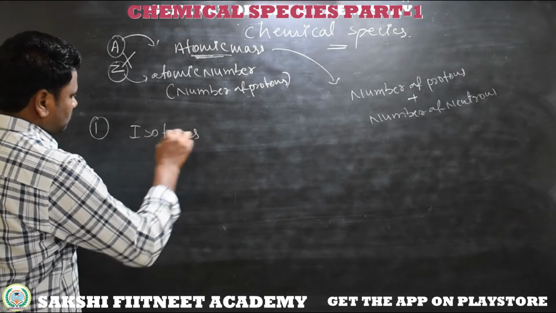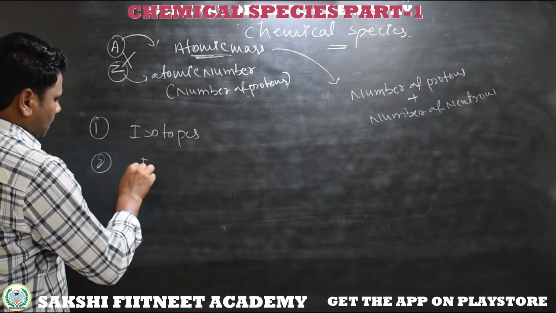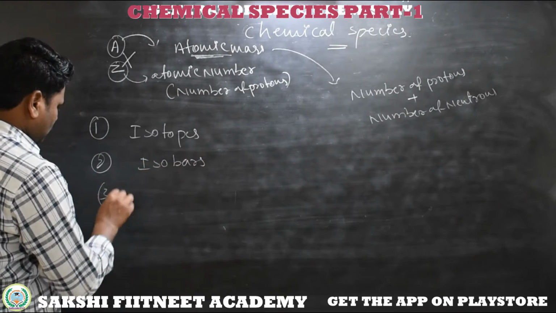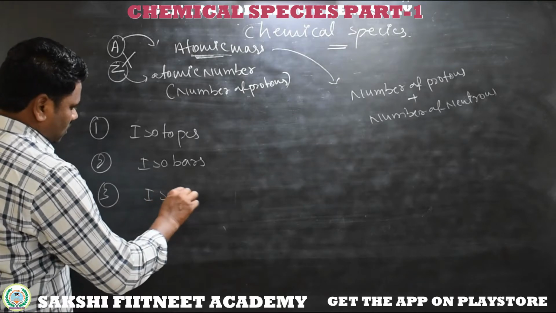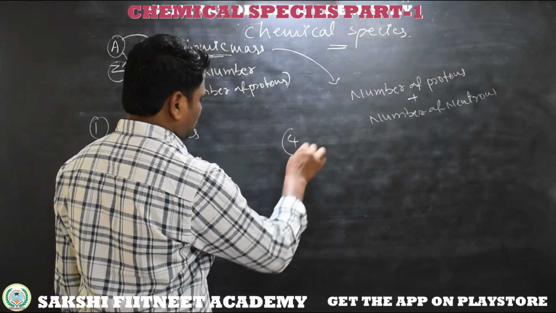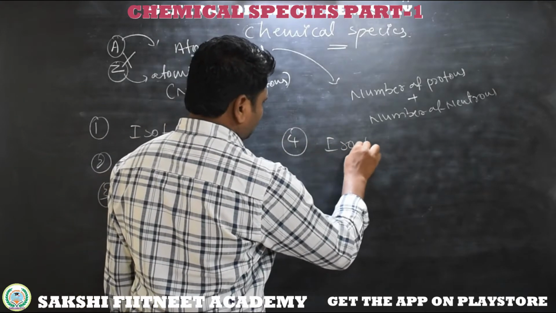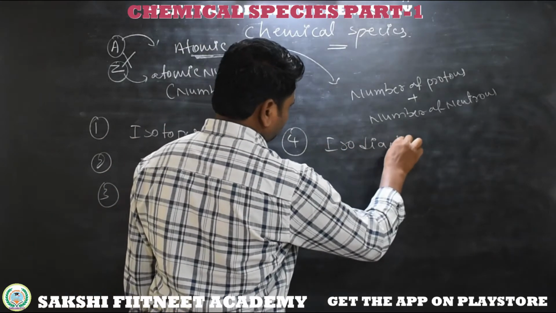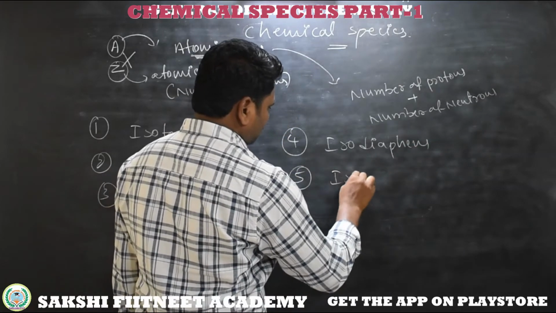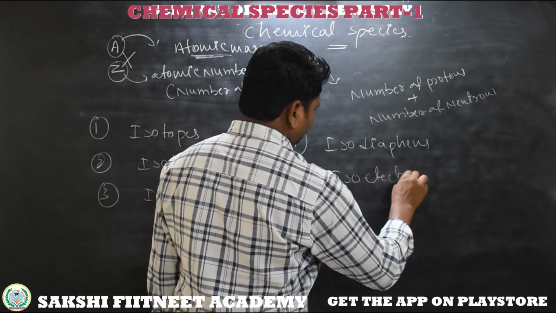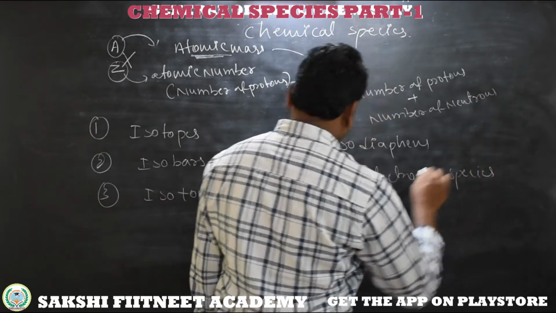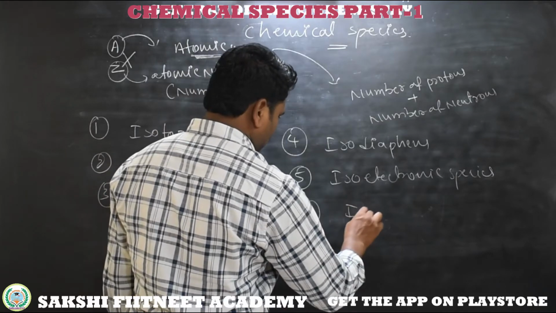Commonly, chemical species are classified as isotopes, next isobars, isotones, here the fourth one, isodiaphers, isoelectronic species, and isosters.